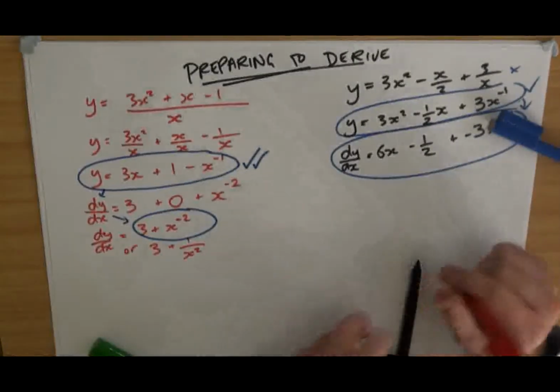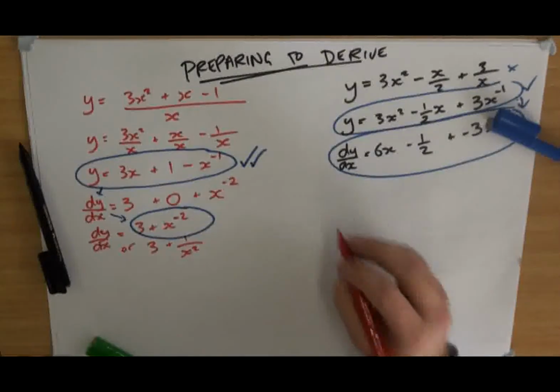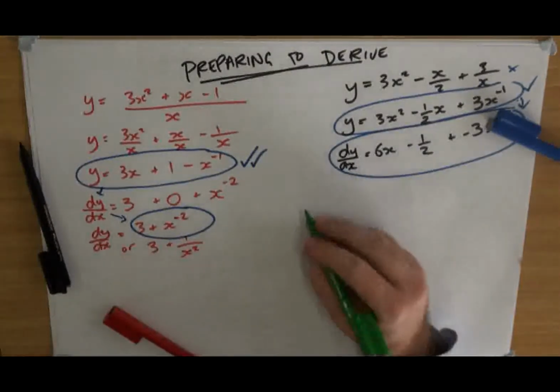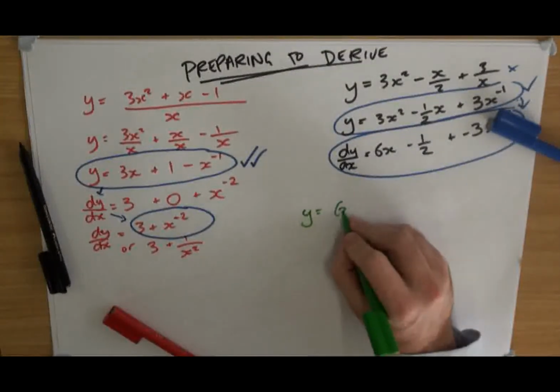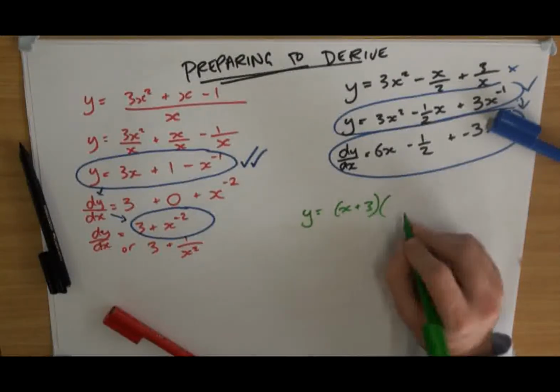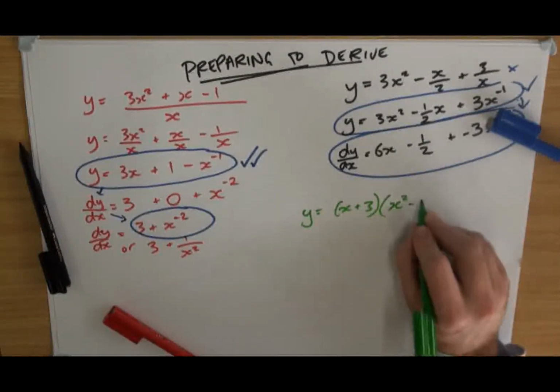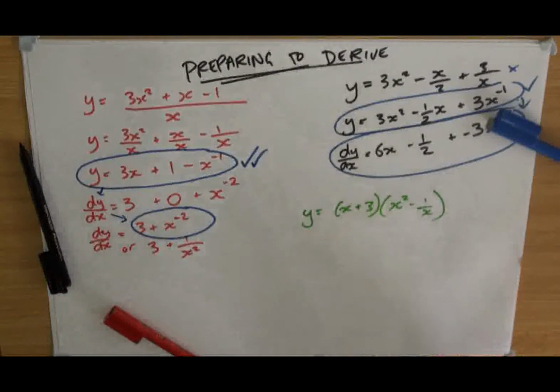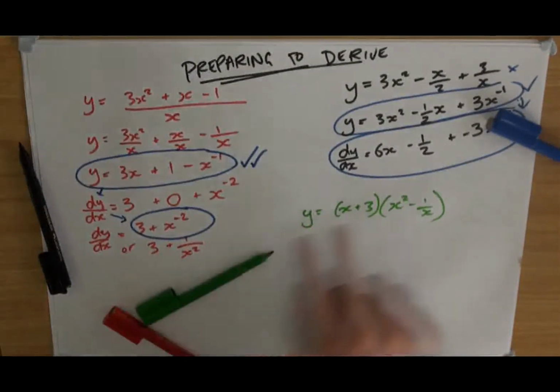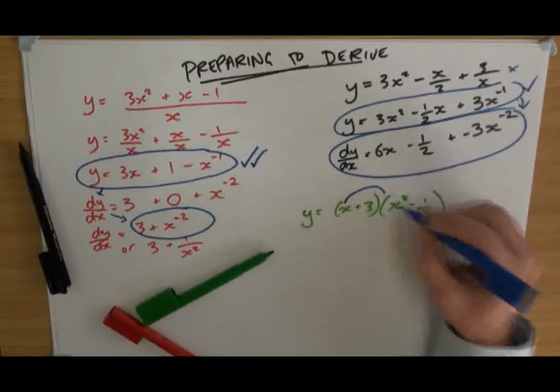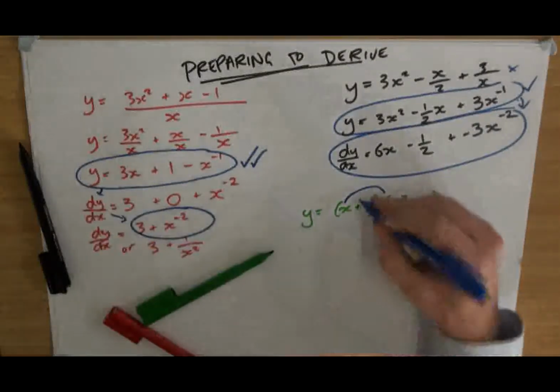You also, it's easier if you expand out brackets. What if you had something like y equals x plus 3, x squared minus 1 on x? Oh gosh, that looks nasty to derive in that form, but if we expand it out, I'm sure it's going to be fine. So expand that out, and expand this out.